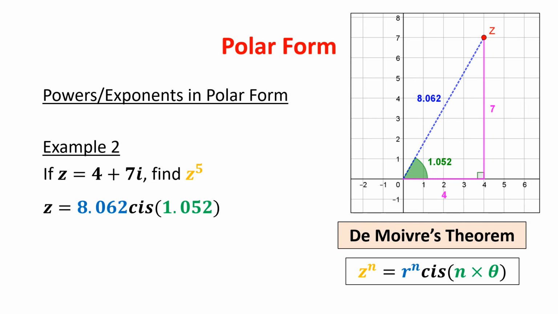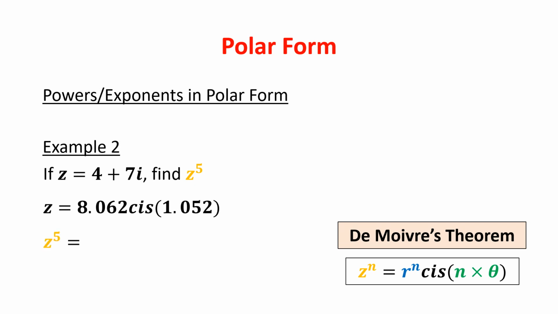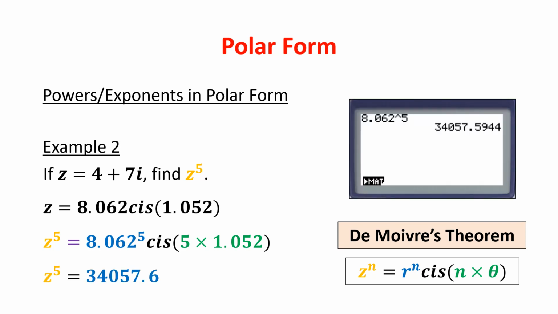All right, now I can use de Moivre's theorem. That simply says to raise a complex number to a power of 5, I'm going to go 8.062 to the power of 5. Then I write down my cis, and then I go 5 times 1.052. So I get my calculator. What's 8.062 to the power of 5?